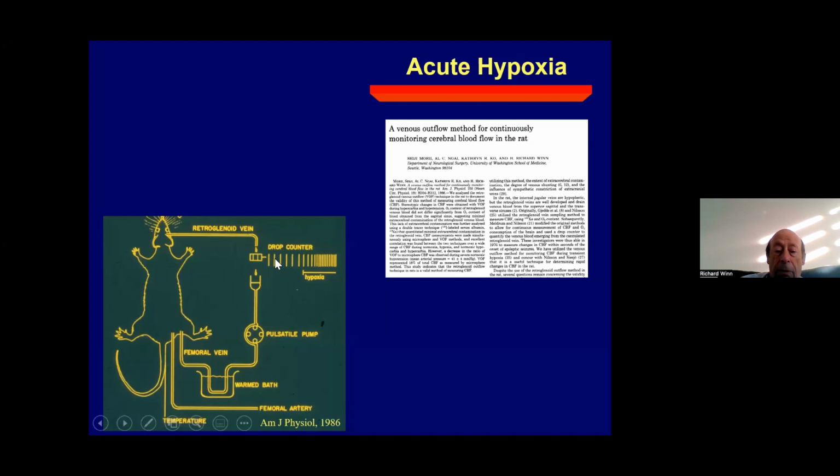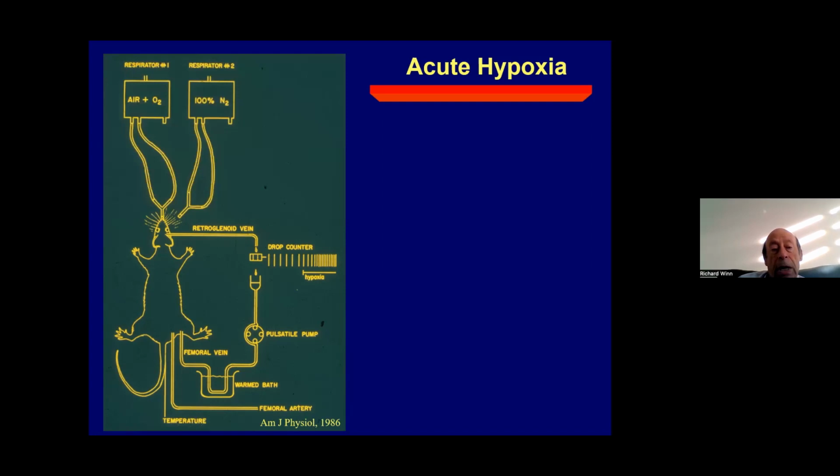This is a drop counter, and you can see as the rat gets more hypoxic, the number of drops increases. We documented that the drop size didn't change depending on the rate of the droplets. And then we return the blood to the rat, and this was an anesthetized rat, temperature monitored, and so forth. And in order to achieve a square wave change in arterial PO2, we use this two-respirator technique.